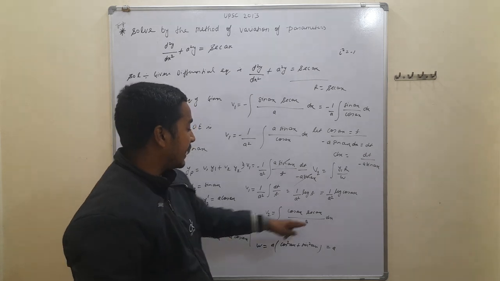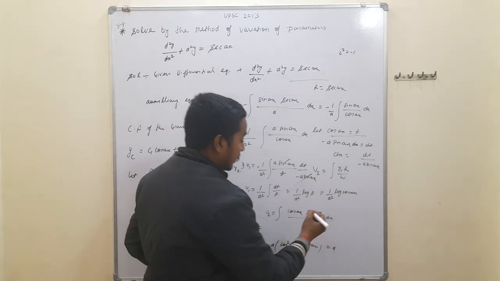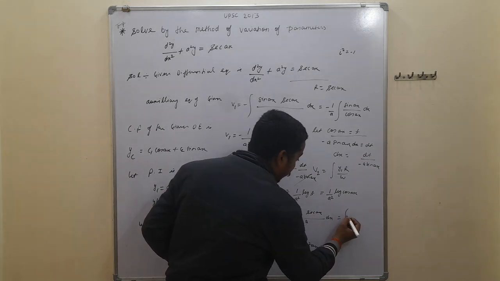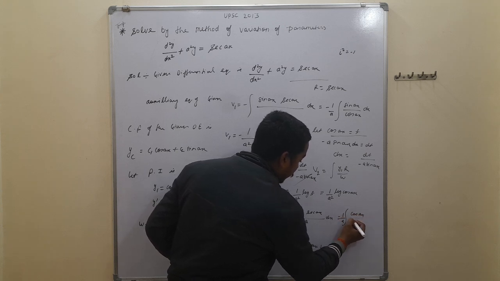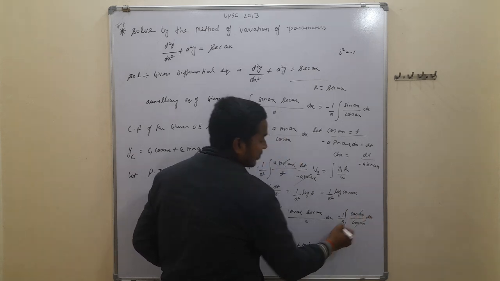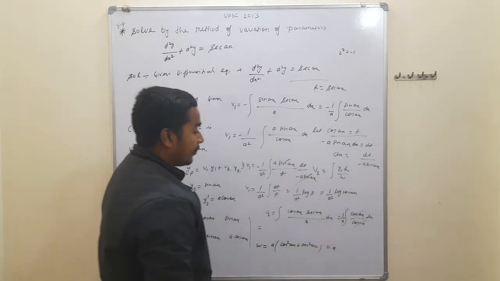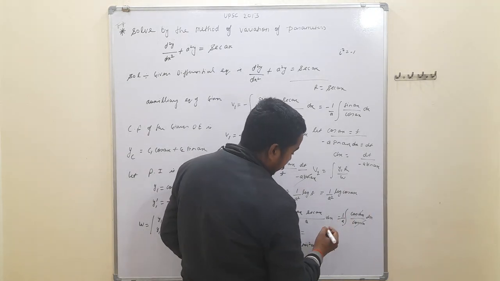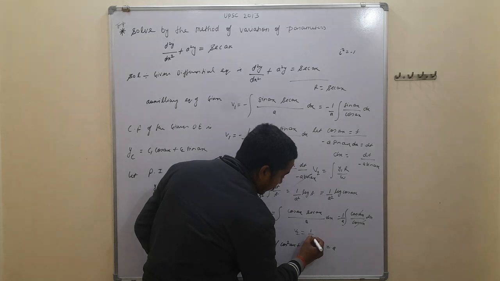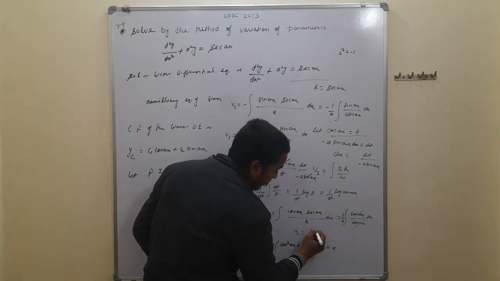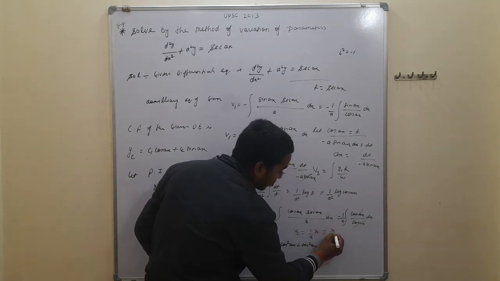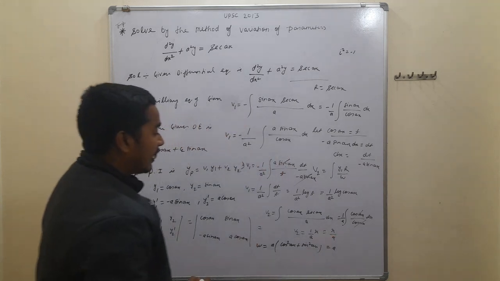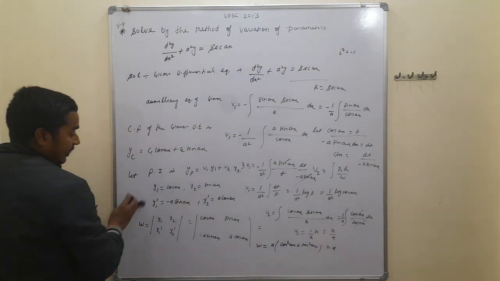Sec ax is taken to the denominator, this gives integral of 1 upon a, cos ax upon cos ax dx. Cos ax to cos ax is cancelled out. We get v2 is equal to, on integration of dx, this gives x, and 1 upon a is already put in, so this is x upon a.